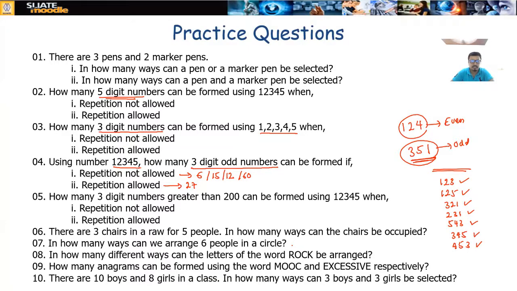Okay, most of you are saying it should be 15. Right. And 23 as well. Someone said it should be 23. And the majority of you are saying that should be 15. There are 15 ways to form 3-digit odd numbers using these given 5 digits. Right. Okay.